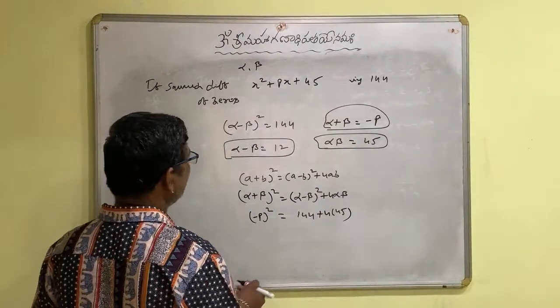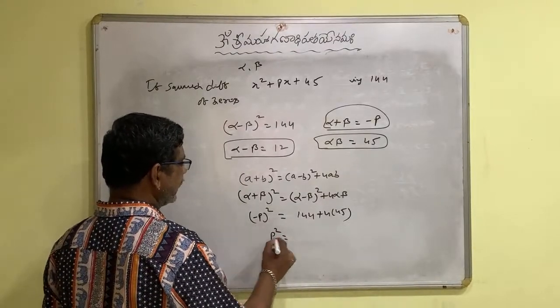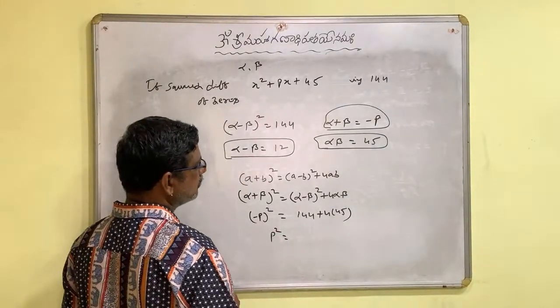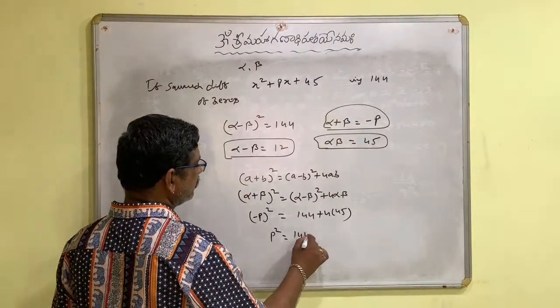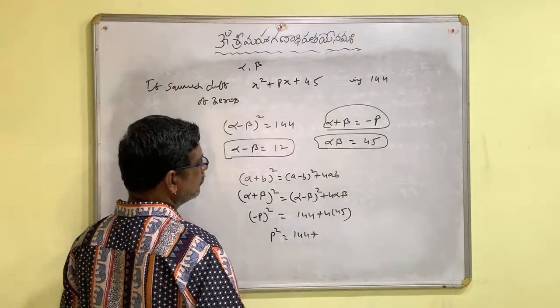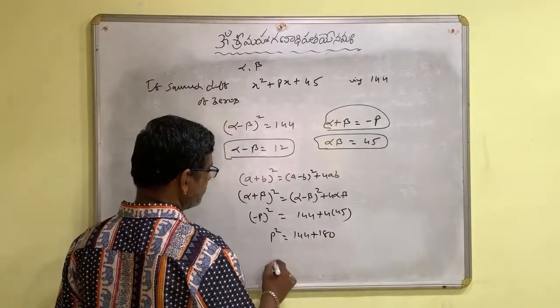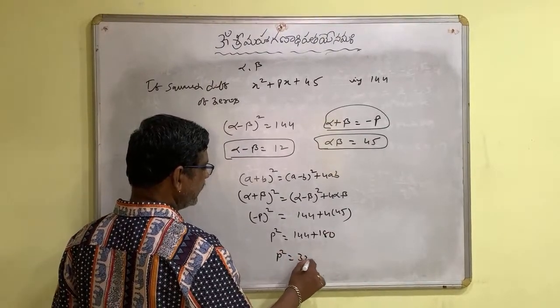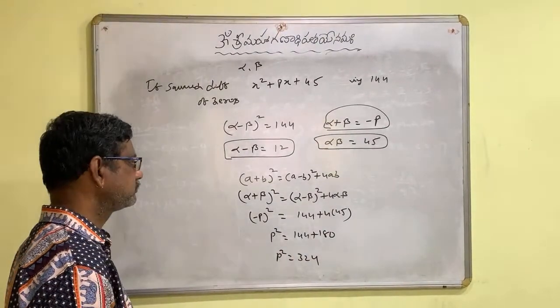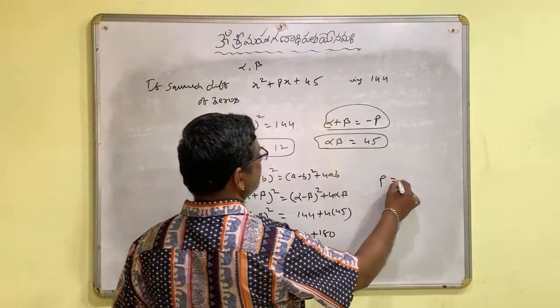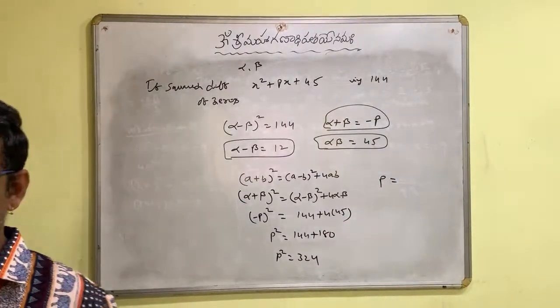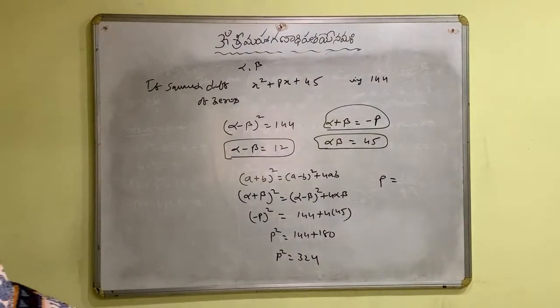Minus p whole square is nothing but p square. 144 plus 180, 324. Now what is p?